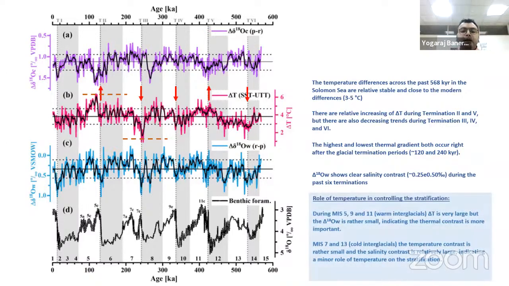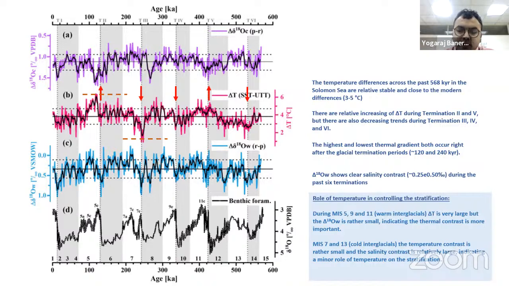And the very important take-home message, the interesting thing to note, is that if we try to understand the role of temperature in controlling the stratification, we see that during MIS 5, 9, and 11, the warm interglacials, the delta T is very large, but the difference in the delta 18 O of the seawater is rather small.